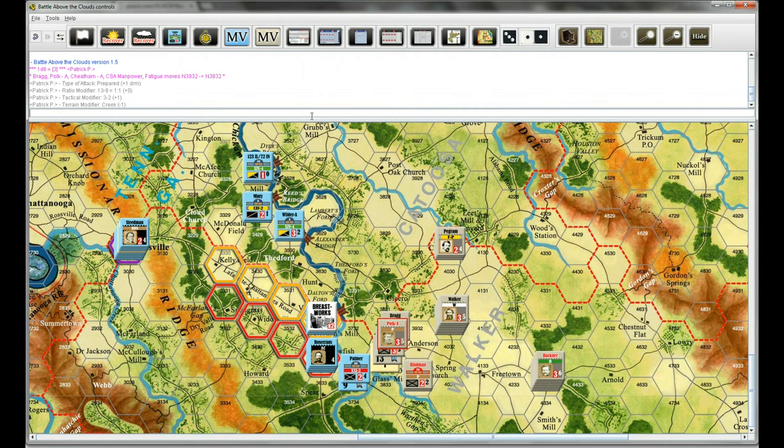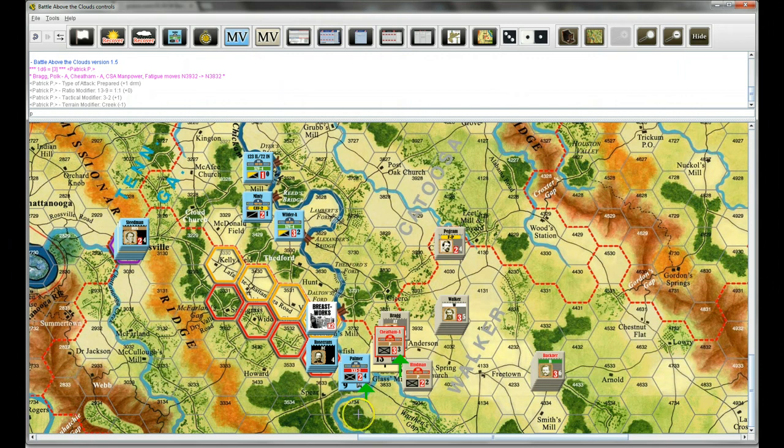Then you want to look at the artillery values between the two units. As we pointed out, each division has an intrinsic set of artillery batteries attached to it, and that's represented by this small black number here. You take a look at both units and make a comparison again, just like we did with the tactical modifier for the leaders.